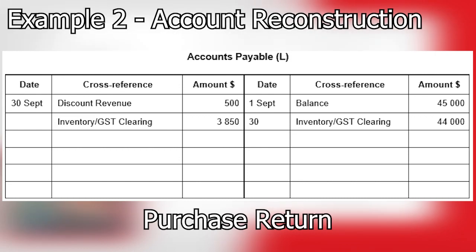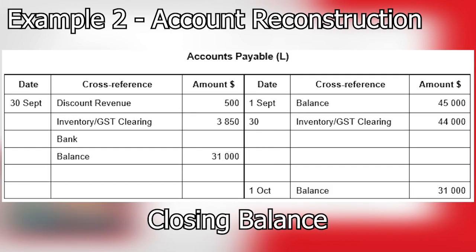We then put in bank and then closing balance. So we leave bank blank, and you see balance 31,000. We also carry on and actually put that onto the other side. So we carry it forward to the 1st of October, which will be 31,000 on the credit side. We might as well skip ahead and do that.